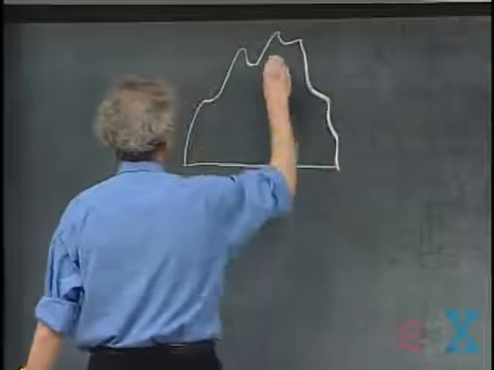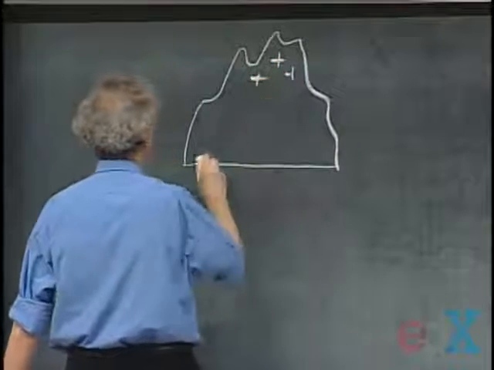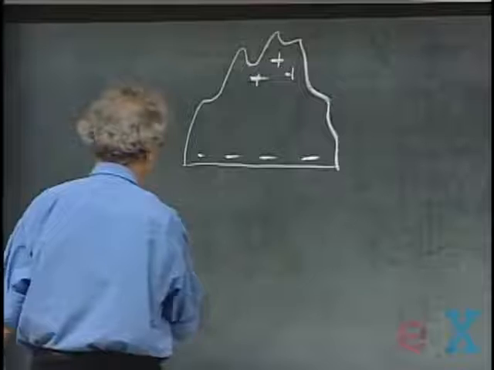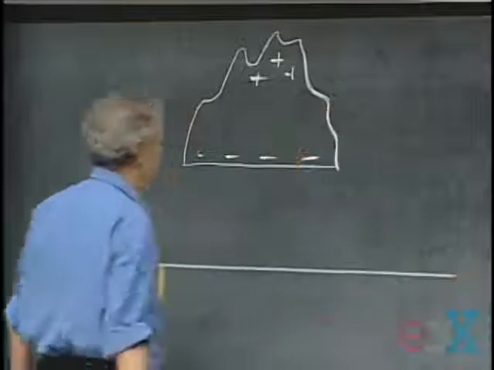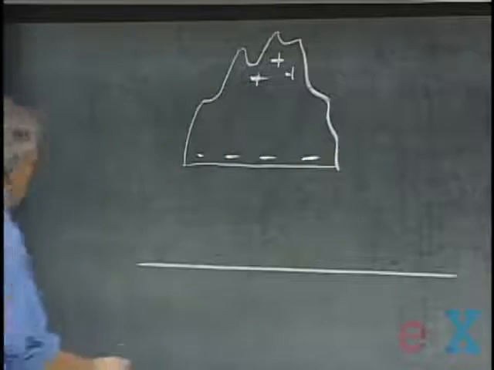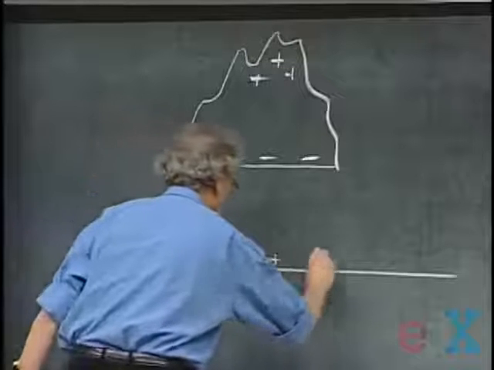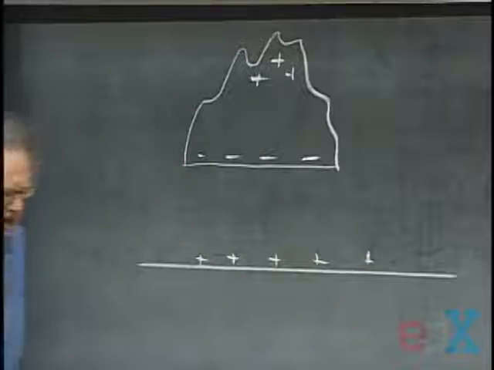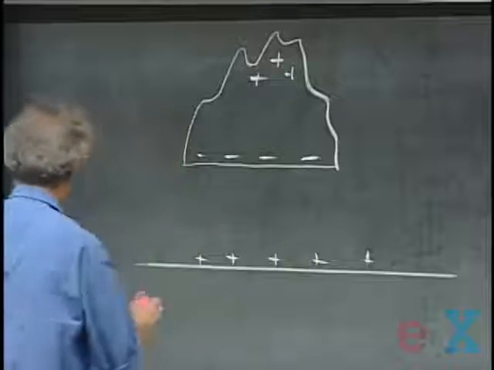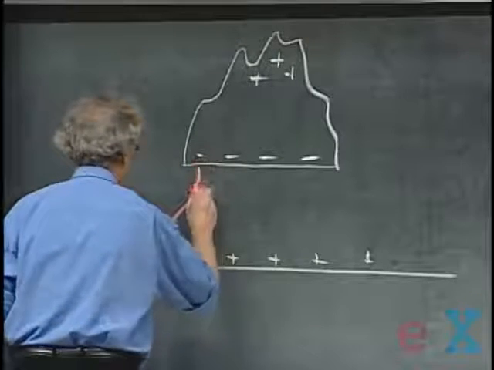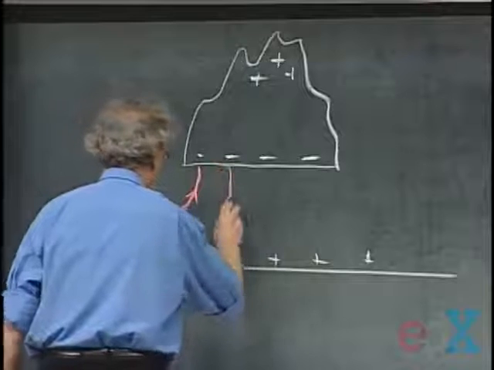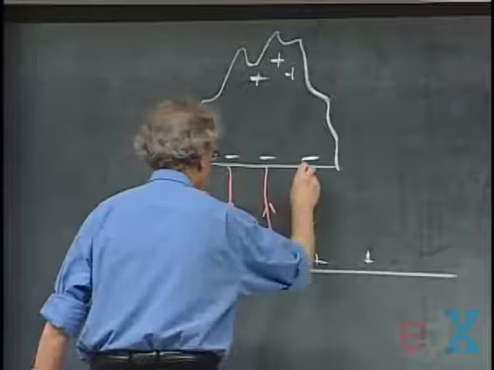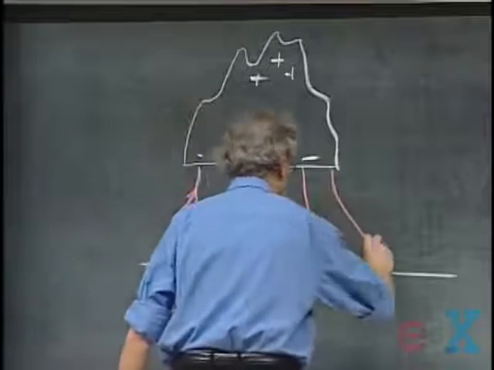And so I will accept the fact that the cloud is going to be charged. This is the cloud. Positive at the top, negative at the bottom, and here is the Earth. Because of induction, the Earth will become positively charged here. And so we're going to see electric field lines which go from the Earth to the cloud, always perpendicular to the equipotentials, something like this.